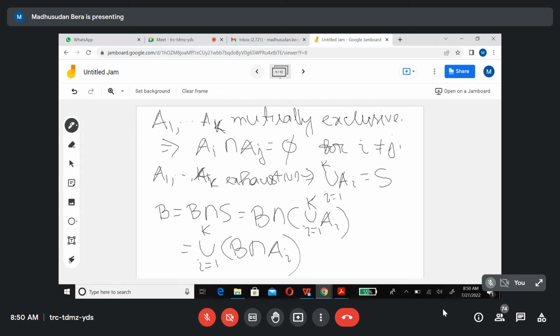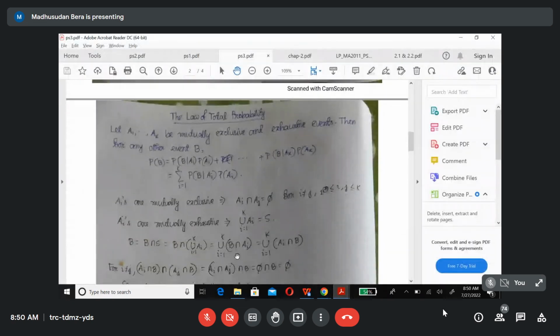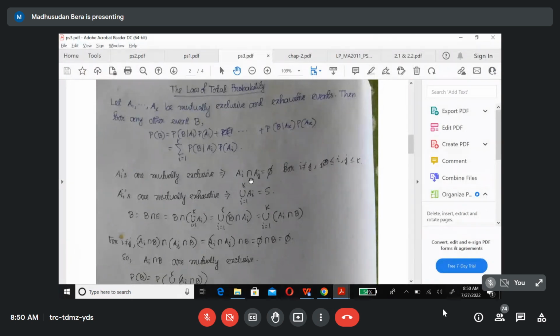So P of B will be P of the union of this set. See here, AI are mutually exclusive, so their intersection is empty for I not equal to J. AI are exhaustive, union of AI equals S. Then B will be B intersection S, and by set theory, union of i from 1 to K of AI intersection B. Now this collection is also mutually exclusive, since AI intersection AJ is phi, and phi intersection B is phi.